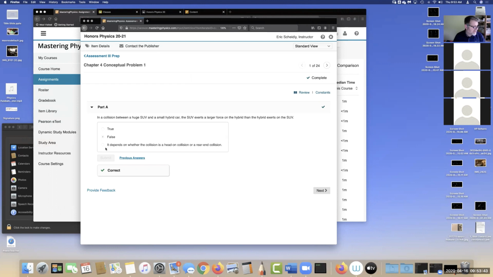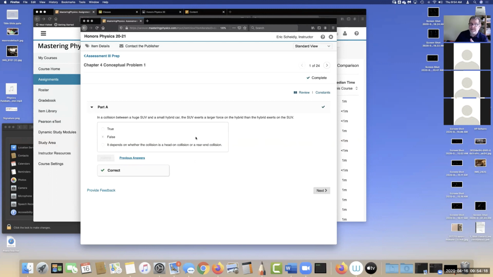But then what happens, and you heard me complain about this, is that we say a thing that's a law of the universe, and then the students say, yeah, Charlie, but this one's a duck. This is different because it's a different situation. No. When two objects interact, no matter what they are, if they're an SUV and a car, if they're an asteroid and a planet, if they're a galaxy and another galaxy, action, reaction is the law of the universe. Now, you might say, well, the SUV is very large and the car is very small, so surely the SUV exerts a larger force, but it doesn't.